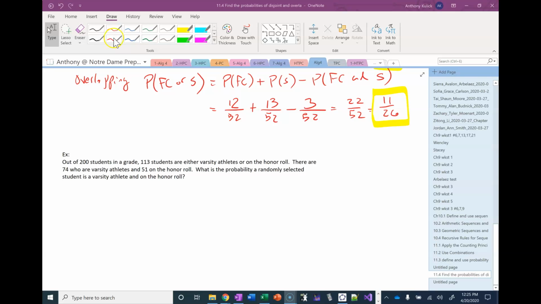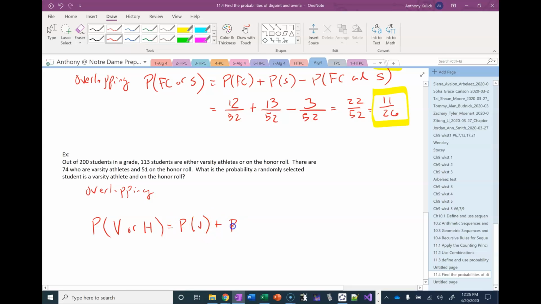So this is clearly a situation, because when I look at that little check, that we have overlapping. So I know the probability of varsity athlete or honor roll is going to equal the probability of varsity athlete plus the probability of honor roll minus the probability of varsity athlete and honor roll.